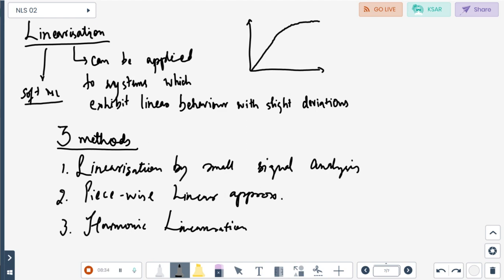So as far as the piecewise linear approximation goes, what we do is divide our segment into small pieces, and these small pieces can be represented by linear differential equations, which can then be analyzed using linear control theory that we have already studied, and the solution will be the summation of all those individual solutions.